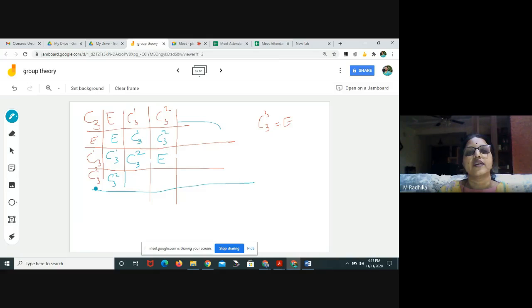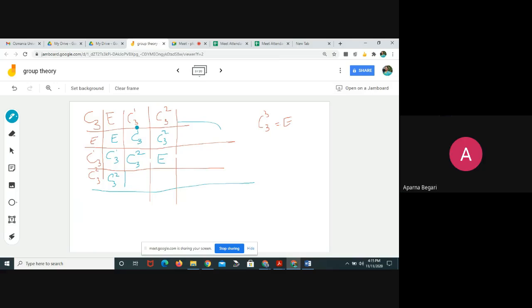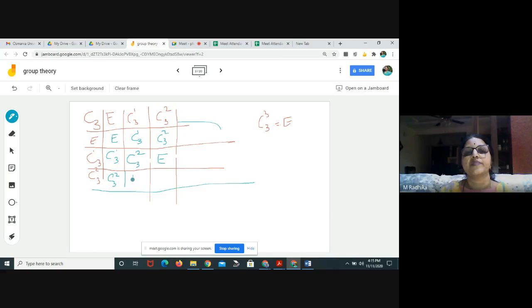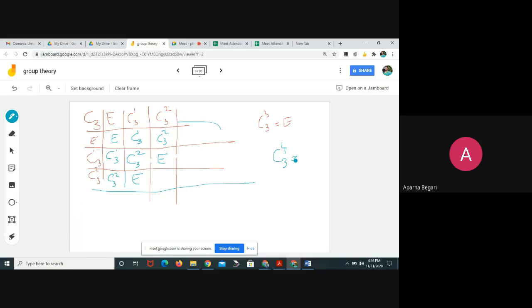Now C32 into C31 is E. C32 into C32 is nothing but C34, that is C31. Very good.